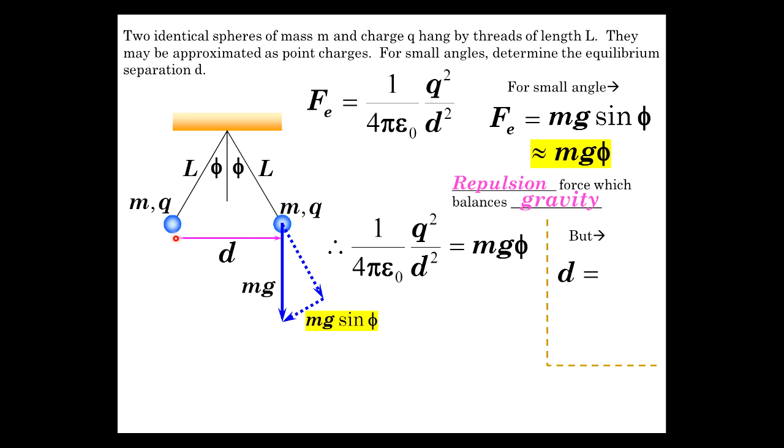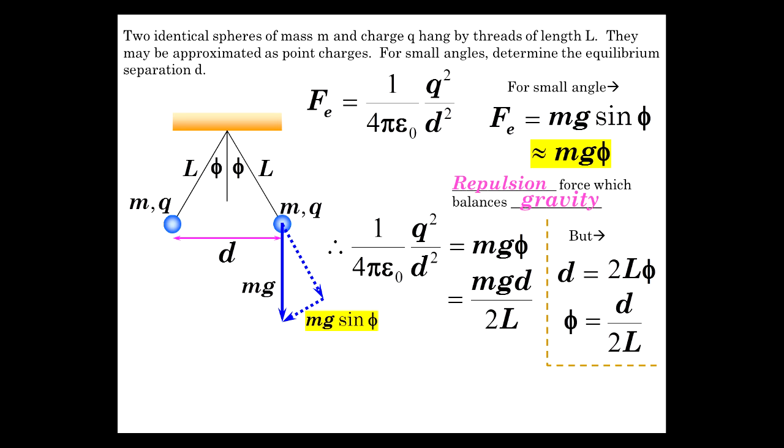Recognizing that the separation distance d is twice L sine of phi, but sine of phi is phi, so 2L phi, therefore phi is d over 2L. And thus we have mg phi is mgd over 2L.